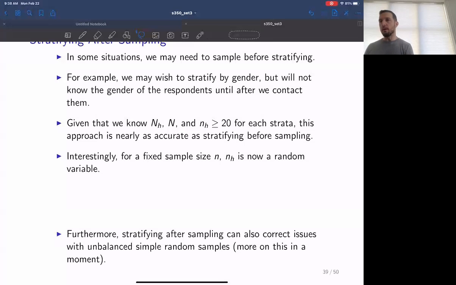Okay. For this post-stratification approach, we now consider little nh, which is the sample size for each strata, to be a random variable.